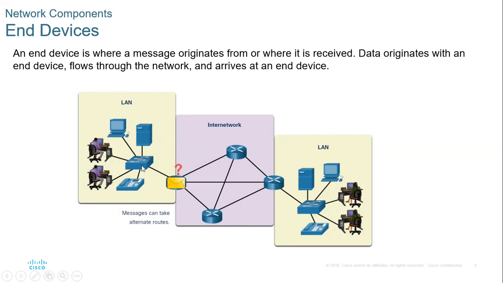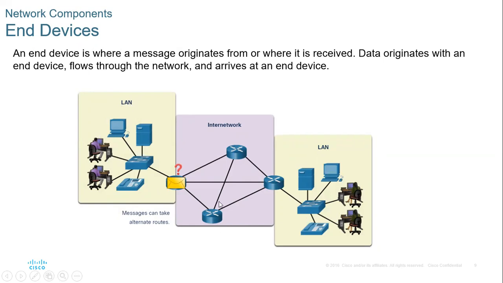And in between, we have switches and routers, which are called intermediate devices, network devices. As you can see in the example here, we have a LAN, which we'll talk about later. A LAN, local area network, is a small network. Here we have another LAN in another part of the building, or city, or country.